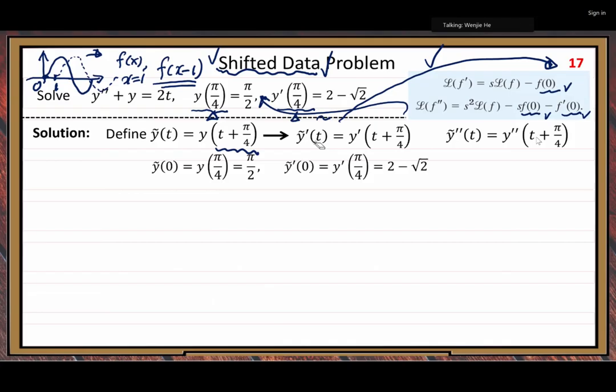Now we are ready to convert the original equation to the new y tilde version equation. This is the original equation, right? To do the conversion, we replace this t by that shift version, because we want to do some shift operation.